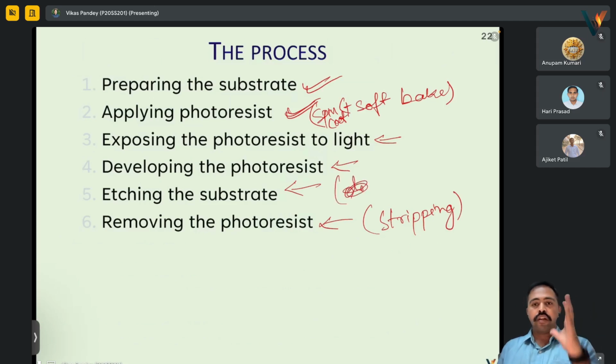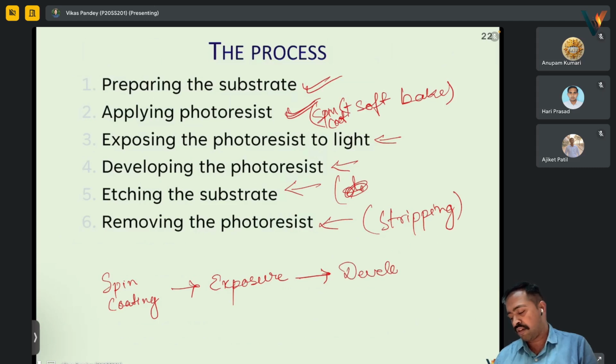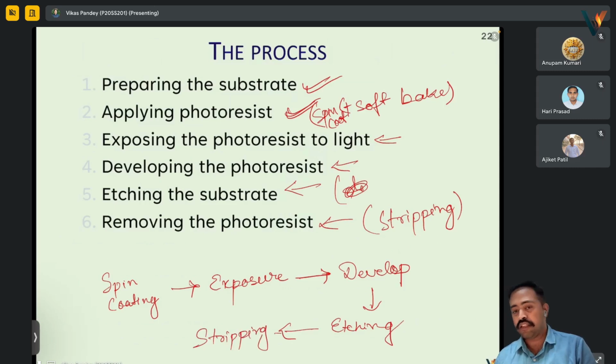So in simple terms, the process is spin coating, followed by exposure to light, then develop, then etching, and after etching, stripping. This is the general process of photolithography, right?